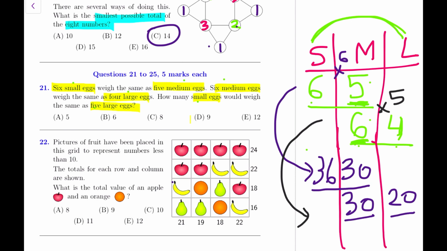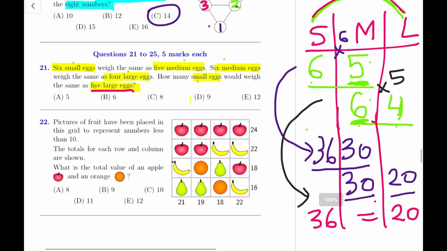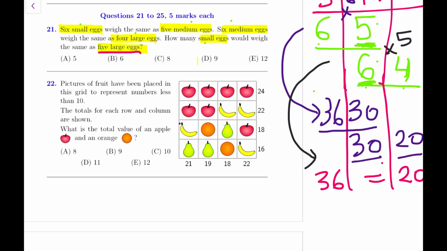So the direct relation between small and large is 36 small will be equal to 20 large. 36 small will be equal to 20 large, but they're not asking us that. They're asking us how much 5 large eggs will equate to in small eggs. So I don't want 20 here. I do want 5 large eggs.